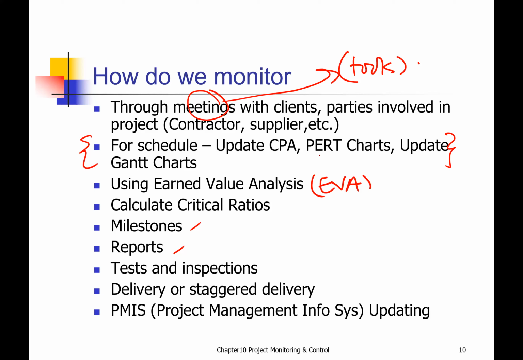Why do we need to do testing? Testing is related to quality control. When you do testing like slump tests and strength tests for concrete, then you have to produce a report. So testing and reporting is a means for quality control, because you can take a look at certain things on the surface only, but you never know what is inside.